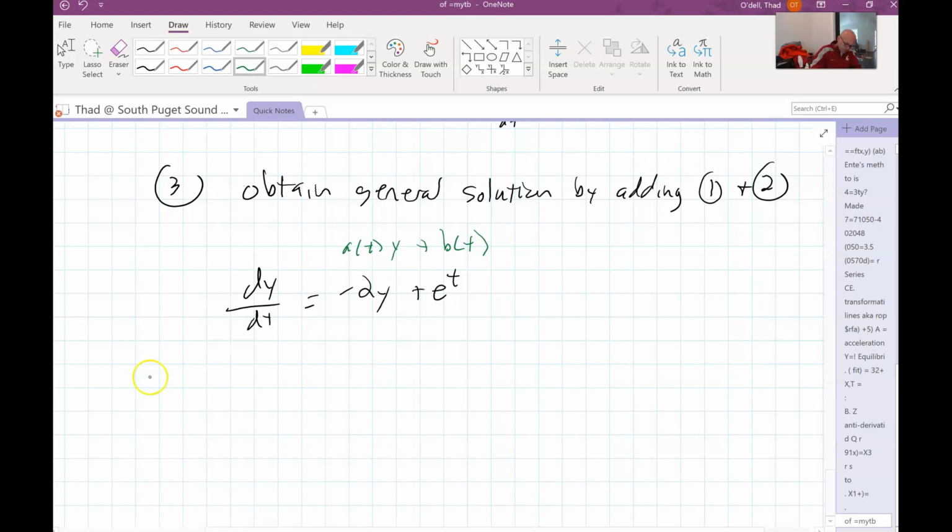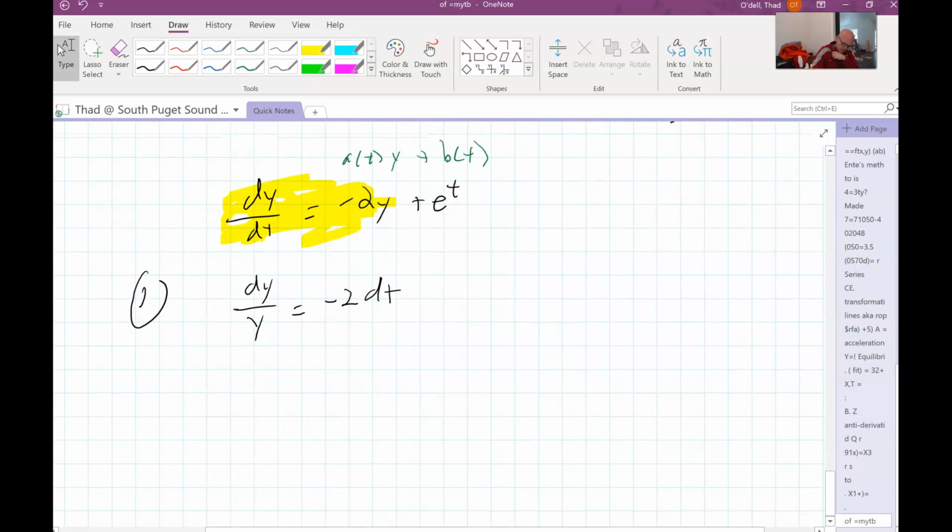So first step is we're going to find the solution to just this part. We're going to ignore the e to the t for a moment. Okay, so we're going to separate variables, so we're going to get dy over y is equal to negative 2 dt, and of course if we integrate both sides, we're going to get natural log of y is equal to negative 2t plus c.